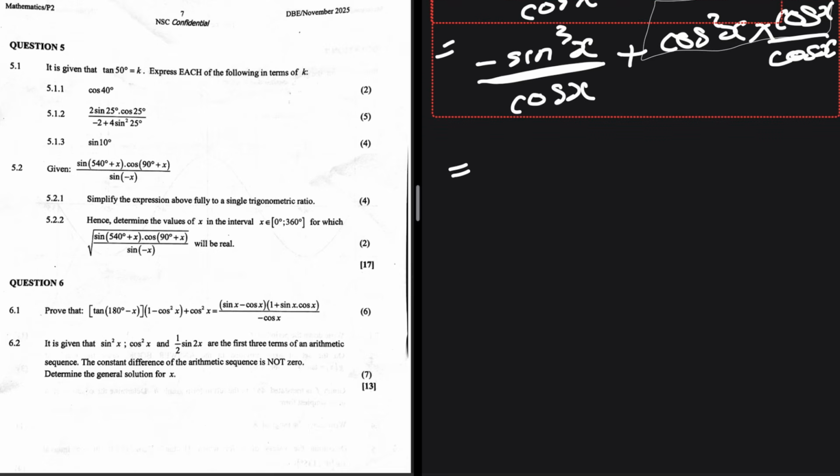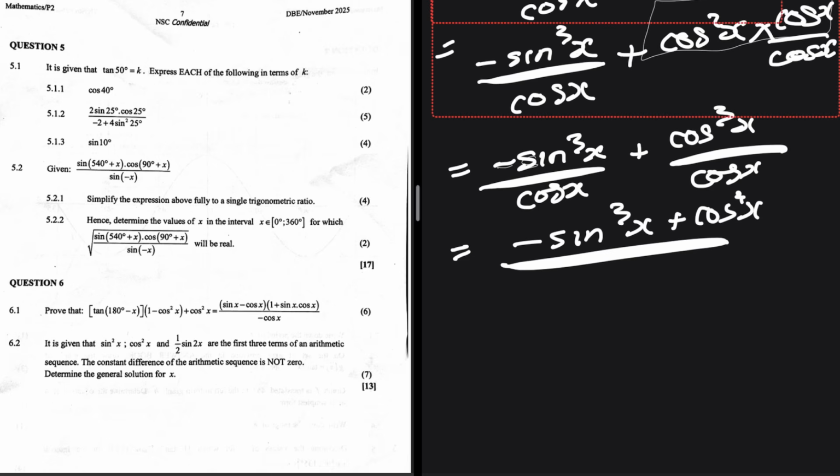The reason why I'm multiplying by cos x over cos x is because I want this part here to also have a denominator which will be cos x, so that I can put the two terms above one division line. So we're going to have negative sine cubed x over cos x being added with cos cubed x over cos x.